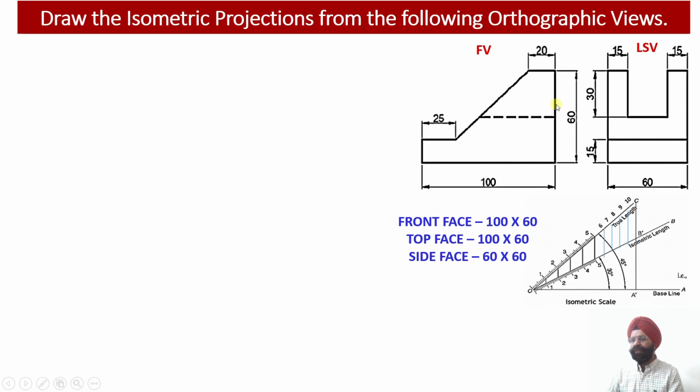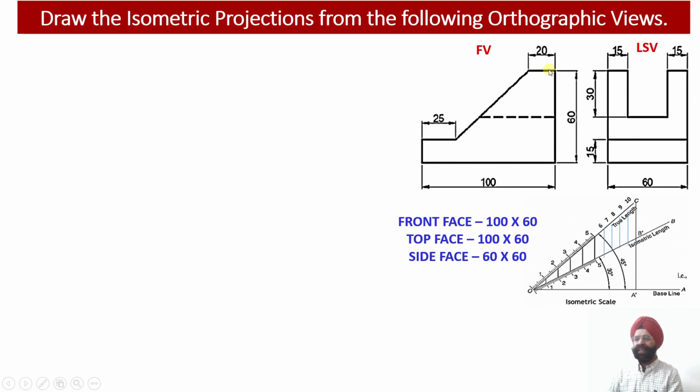Starting from 20 millimeter, the top 20 millimeter portion of this particular web will be straight, and then it will slope down from this point onto a point on the lowermost ring at a distance of 25 millimeter from the left vertical edge. This is my left vertical edge of this solid, and as we move along 25 millimeter, this is going to be the second point of the web. So the starting point of the web will be 20 millimeter from the rear surface. Okay, so this surface will be flat.